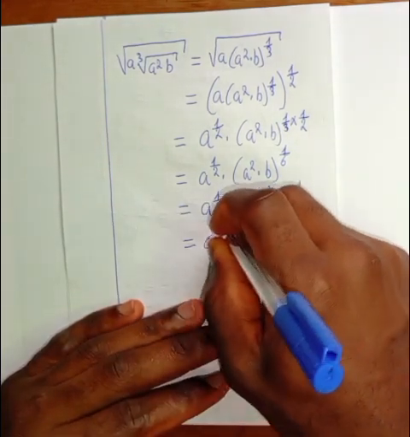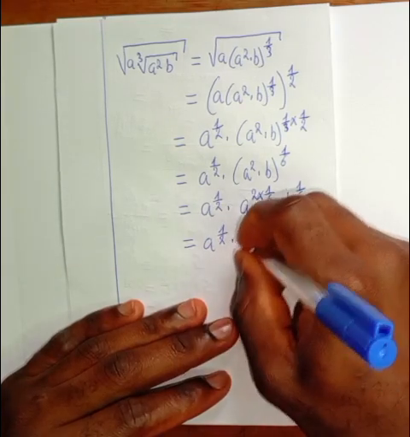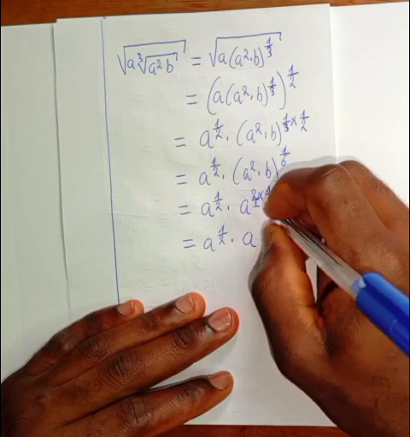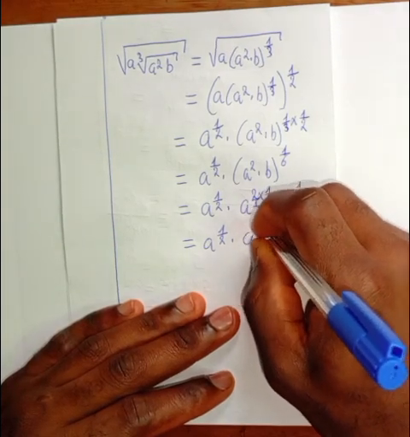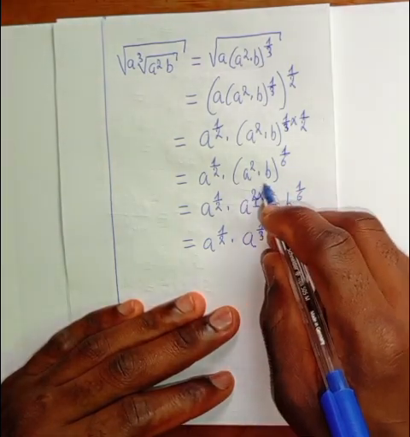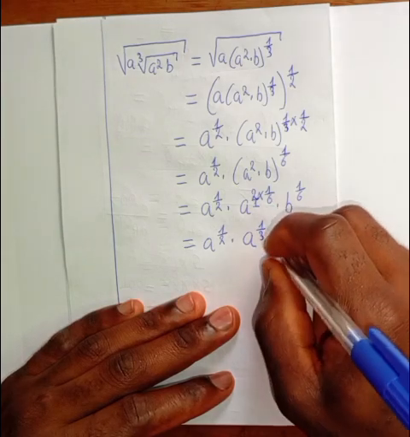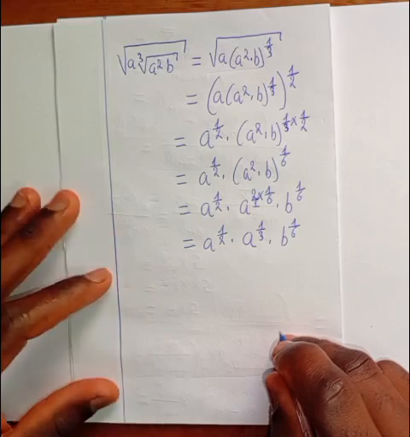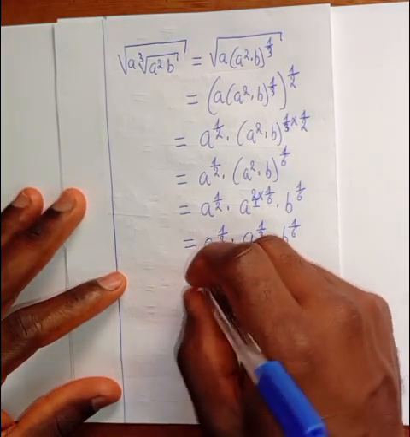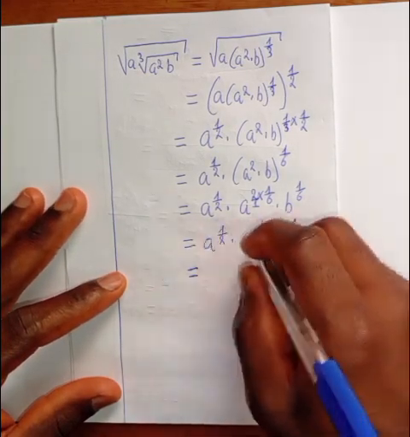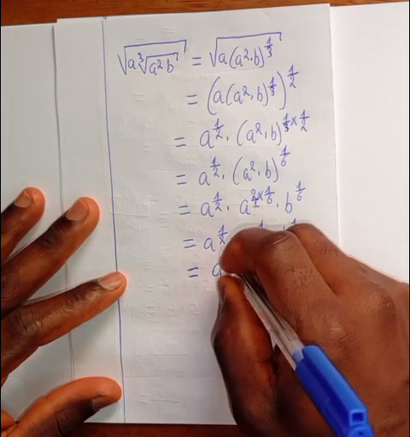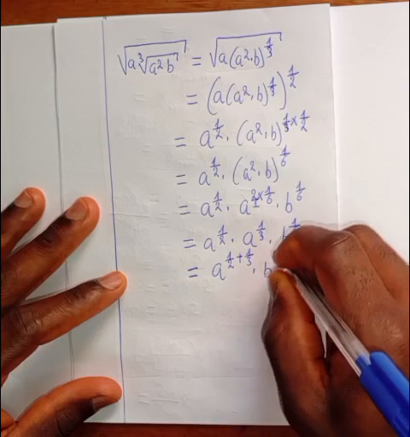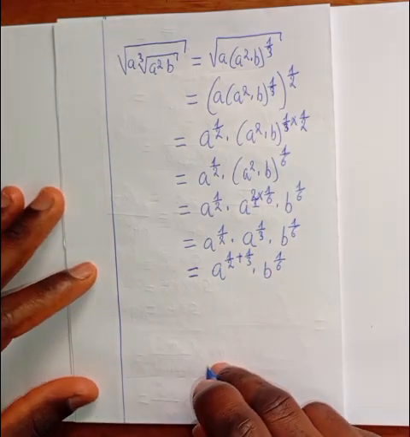This will give us a raised to the power a half times a raised to the power, 2 here can be written as 2 over 1. We simplify, this will give us a raised to the power 1/3. 2 goes into 2 once, 2 goes into 6 three times, times b raised to the power 1/6. This and this we can multiply, so this will give us a raised to the power a half plus 1/3 times b raised to the power 1/6.